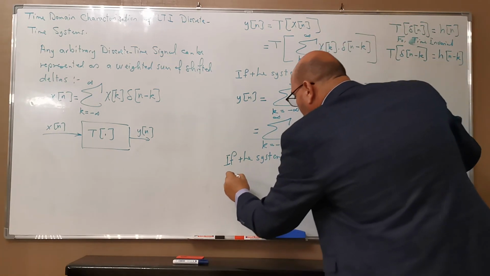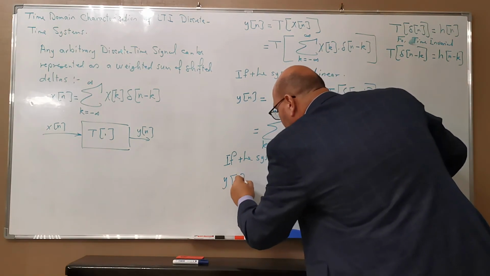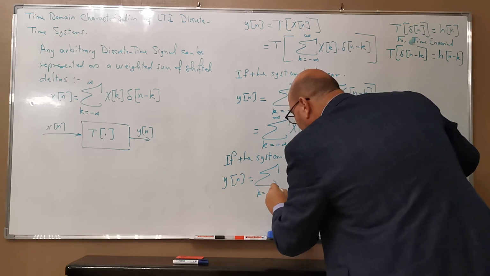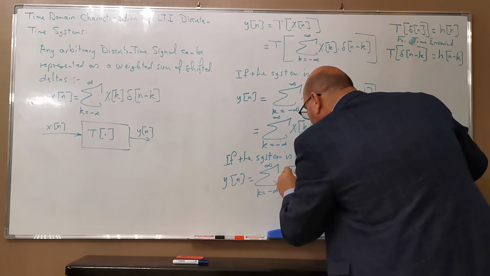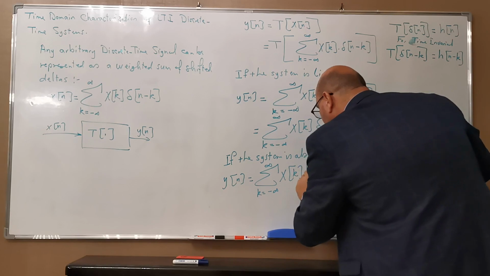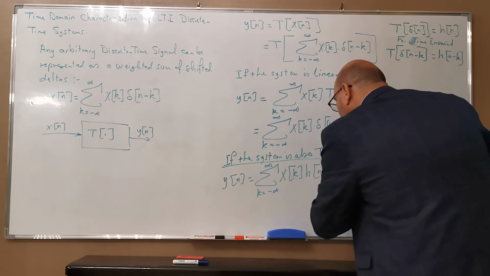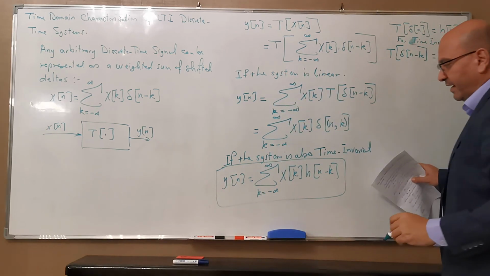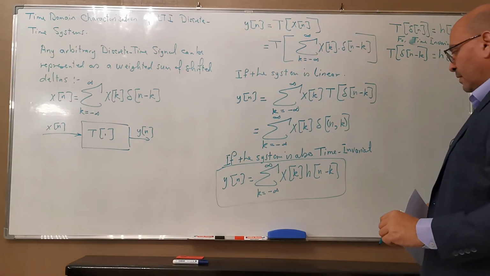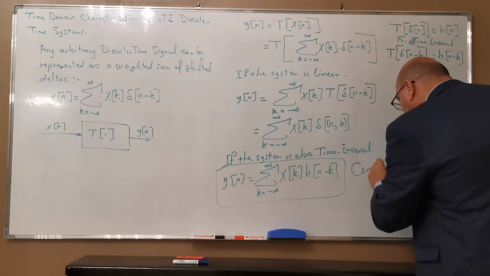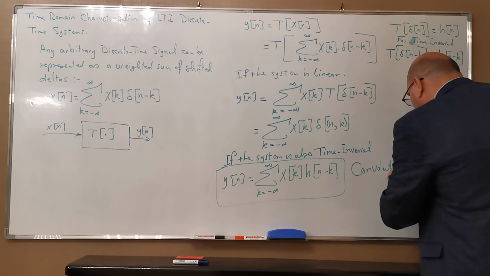So y of n will be equal to the summation from k equals minus infinity to infinity of x of k times h of n minus k. This is our final result, and this is called convolution. This is the convolution sum.